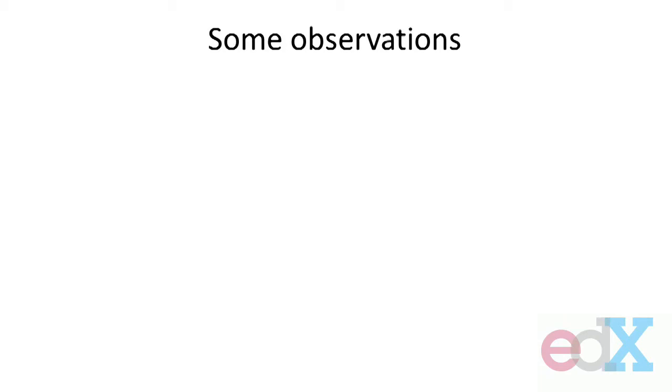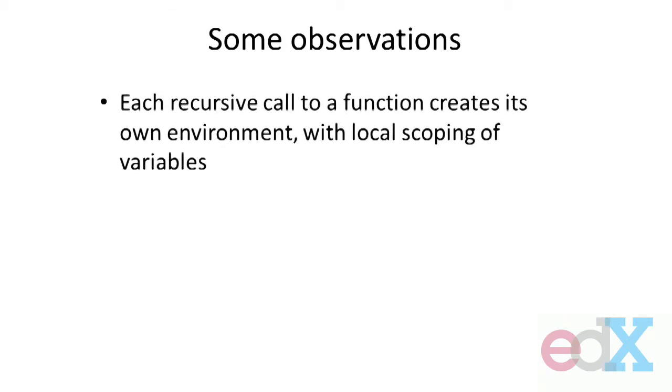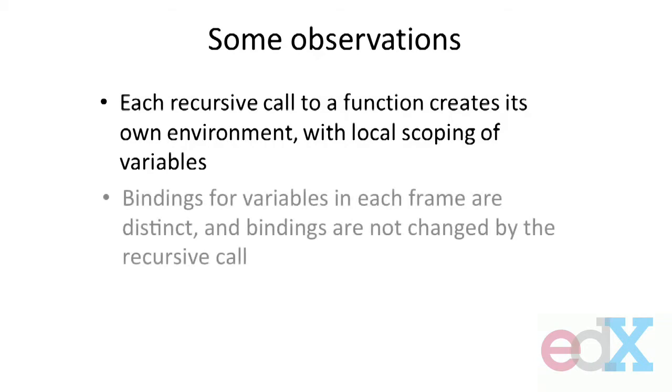And in particular, let's see what we can deduce from this. Each recursive call of a function creates its own environment with a local scoping of variables. So evaluating the body of the function in that environment is going to be very clear as to which value of a and b it's using, or any other variable that it's using. Secondly, the bindings for variables in each frame are distinct. And you saw that I had a different frame for each one of them.